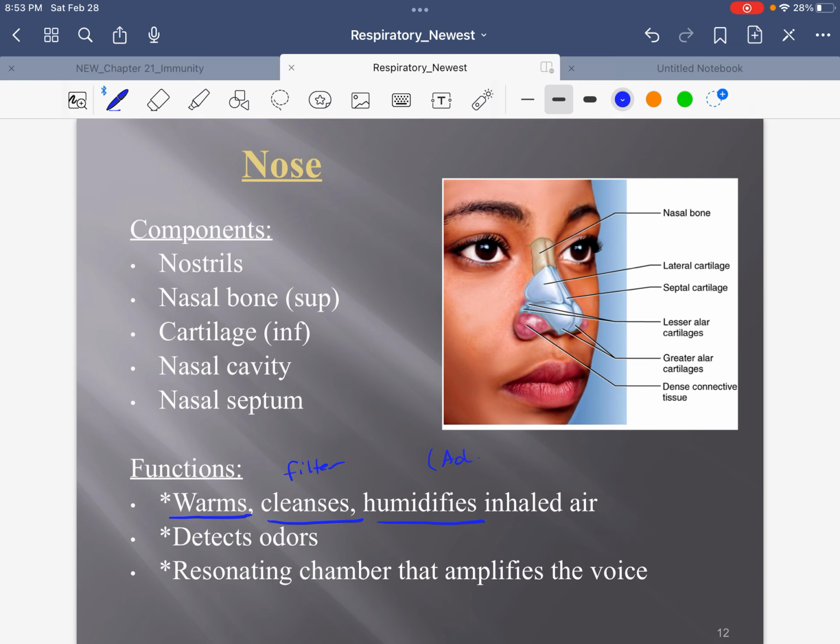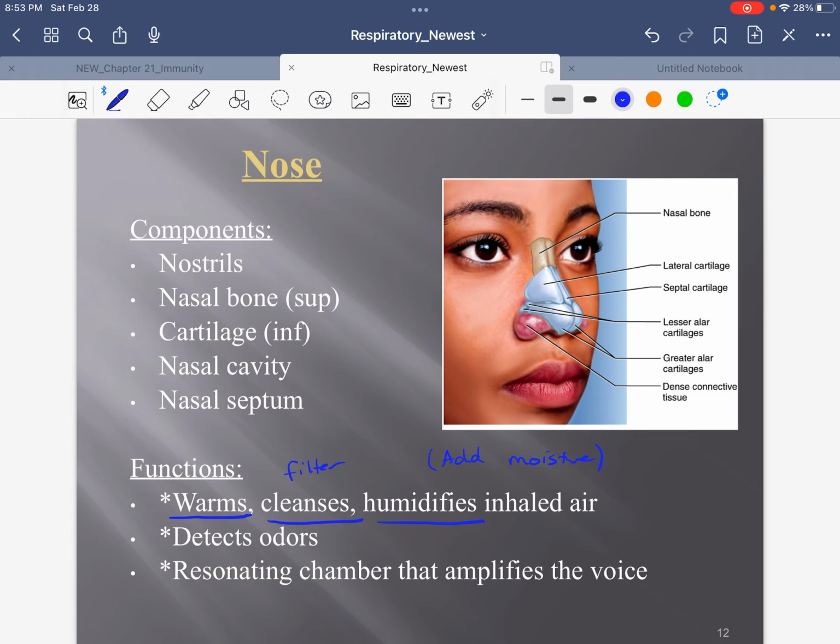Humidify means to add moisture. So the nose, nasal cavity, pharynx, larynx, trachea, they're all going to warm, filter, and humidify that incoming air so that by the time the air gets down to our lungs, it has been cleaned. It's clean, it's warm, which is going to help with filtering and help with gas exchange. And we want it to be humid.